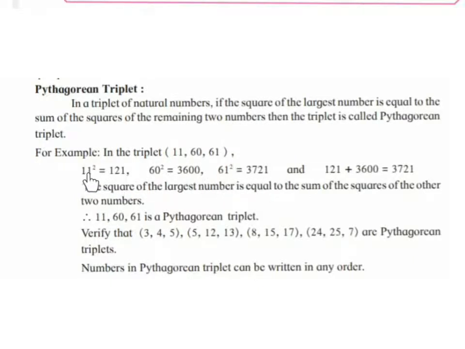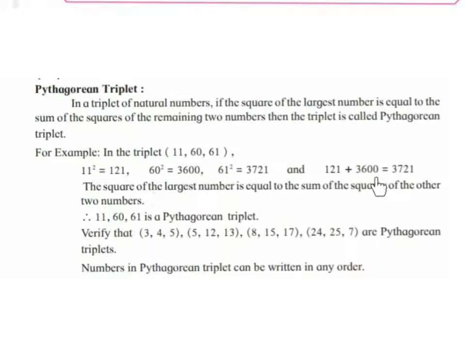So the sum of the remaining two numbers means the sum of squares of 11 and 60. We get here 121 which is the square of 11 and 3600 which is the square of 60. Adding these two numbers we get here again 3721 which is nothing but the square of 61.